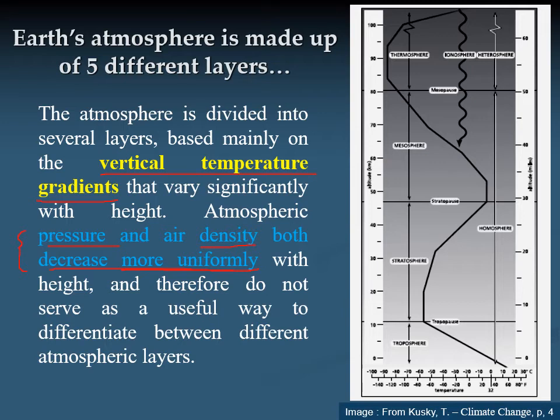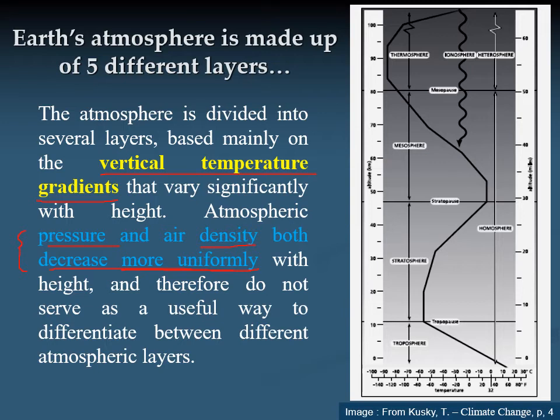But throughout the 500 kilometer span of the Earth's atmosphere, this change in temperature is not uniform. So there are certain regions where this general decrease in temperature in the atmosphere is not followed.